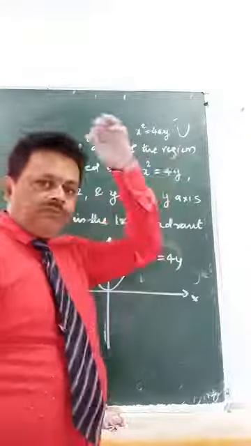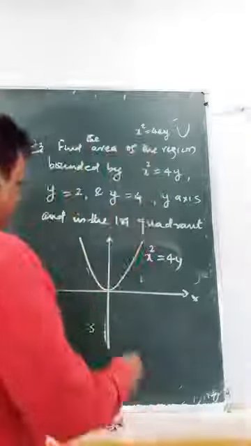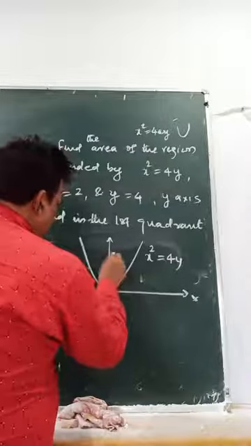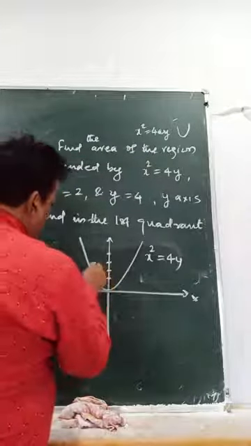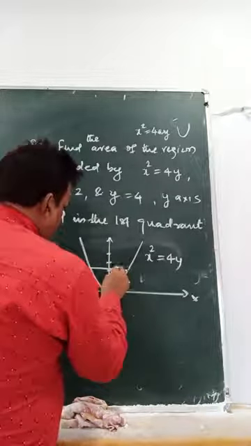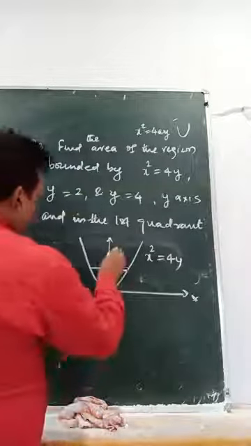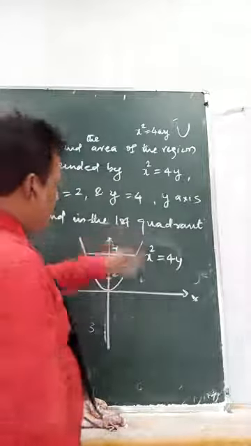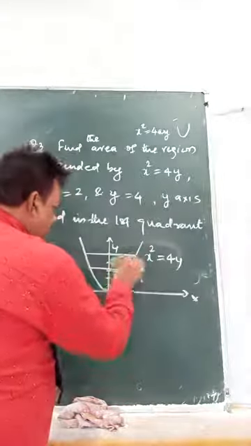X square is 4y. So y equals to 2. This is 1, 2, 3, 4 like this. Y is 2, this is the value 2, and y is equal to 4, value 4. But you are asked to find it in the first quadrant, means you want to find it here.